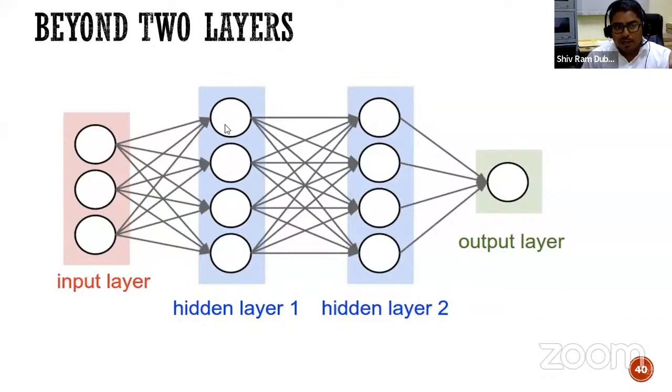So a hidden neuron is trying to compute the weighted sum of the inputs. What will the weights be? They will be decided based on some optimization technique that we will see later on. But whatever the current weight values are, using them it will do the weighted summation of these inputs.